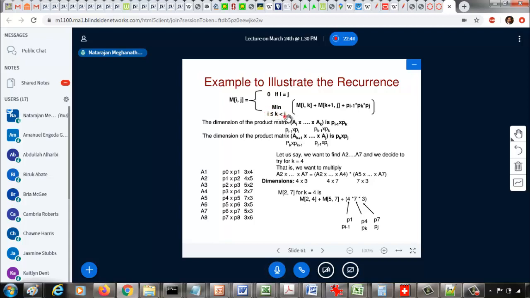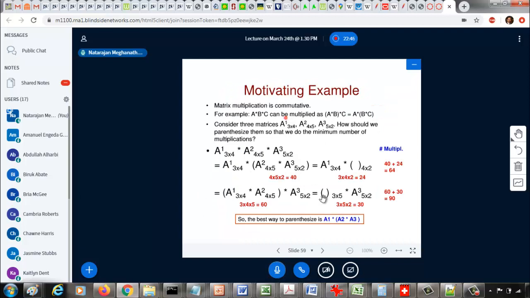Like in the example that we just did, in this case k is 1. So you split at k equal to 1, you multiply A1 by itself, and then A2 and A3. And here k is 2. So you split that chain A1, A2, A3 at 2, multiply A1, A2, and this is A3. So these are the two possible k values.